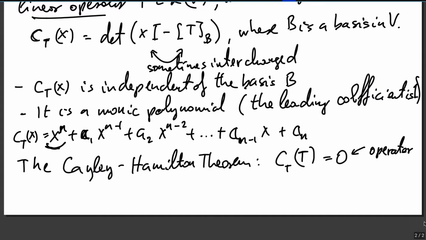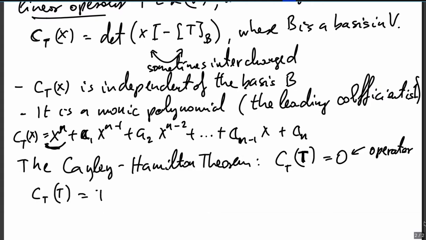But please note that while x is a variable, T is an operator. And C_T of T is this operator polynomial: T to the n plus a1 times T to the n minus 1, and then a sub n minus 1 times T. The constant term, a_n, doesn't make much sense to add to an operator, so the way we add it is that we multiply it with the identity operator.